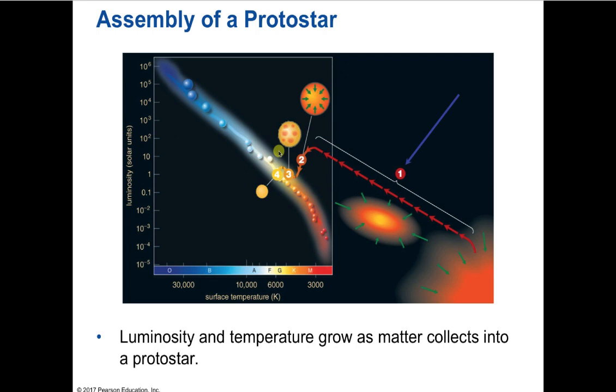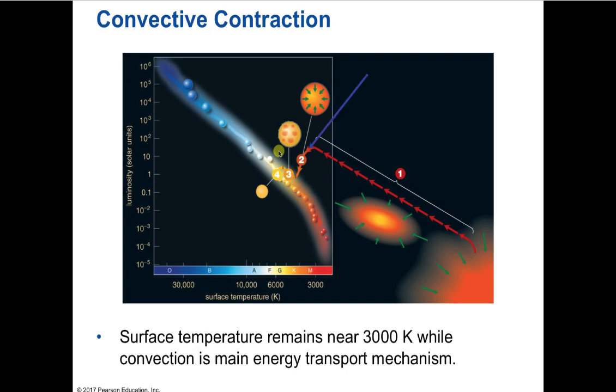So just going through those again really quick, initially luminosity and temperature grow as material is collected into this protostar. And then at some point, when convection is the primary way of moving energy around inside this protostar, the surface temperature, it turns out, remains fairly constant, about 3,000 Kelvin.